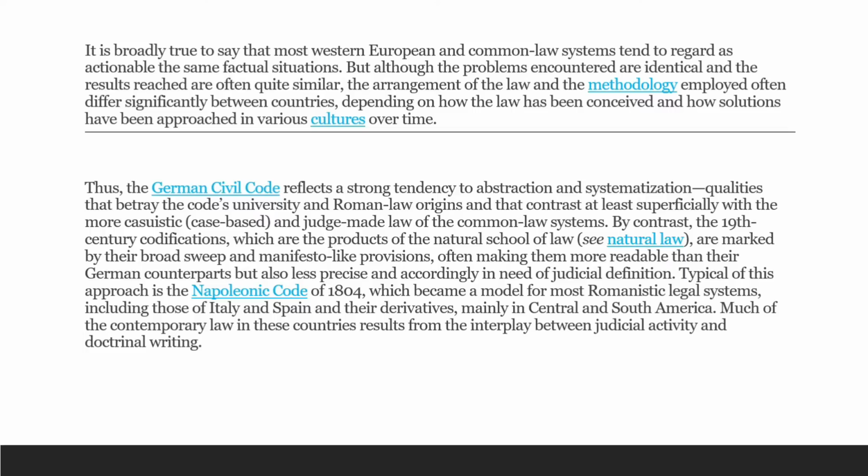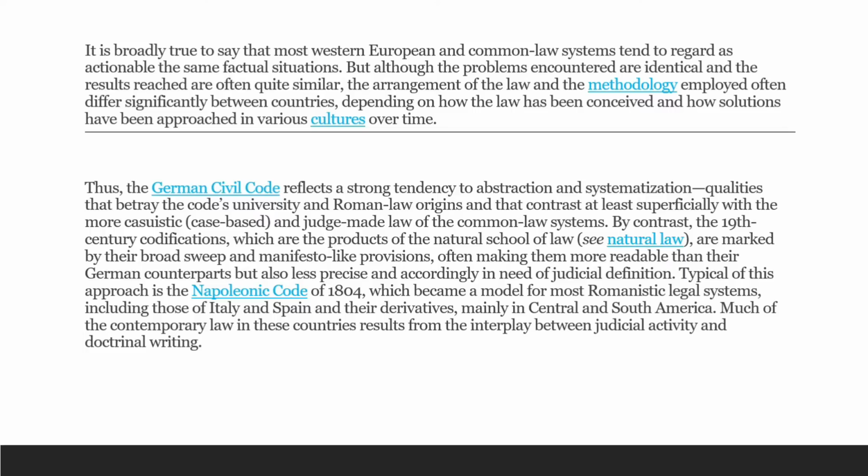Thus, the German Civil Code reflects a strong tendency to abstraction and systemization, qualities that betray the code's university and Roman law origins and that contrast at least superficially with the more casuistic, case-based, and judge-made law of the common law systems.